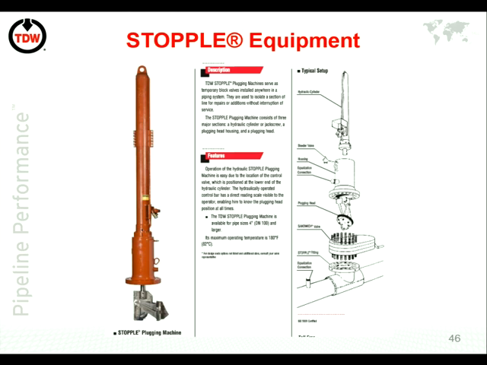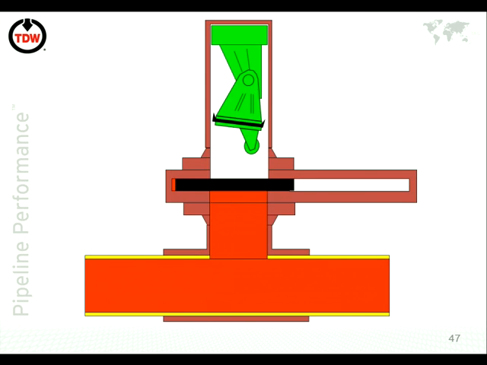So all of the elements that you've had previously, the fitting and the sandwich valve, are already there, and then the stopple machine, which is similar to the tapping machine. The only variance is that instead of a cutter, you've got a stopple, or a plug. The sequence of events is not a lot different to what we saw with the drilling or cutting operation. You'd reopen that valve, which would introduce pressure here.